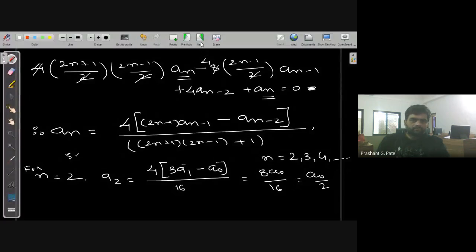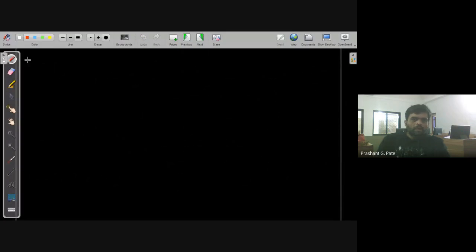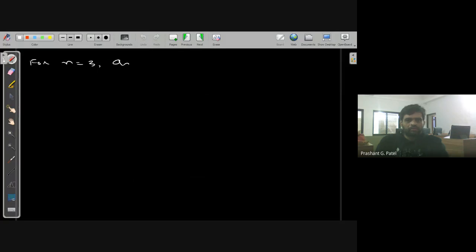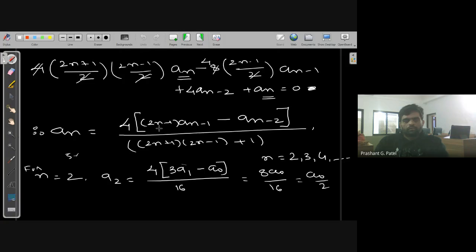Next, what will happen for n equal to 3? If I substitute n equal to 3, we will have A3. So it is 4 into 9 minus 1, that is 5, because we need to substitute 3 now.